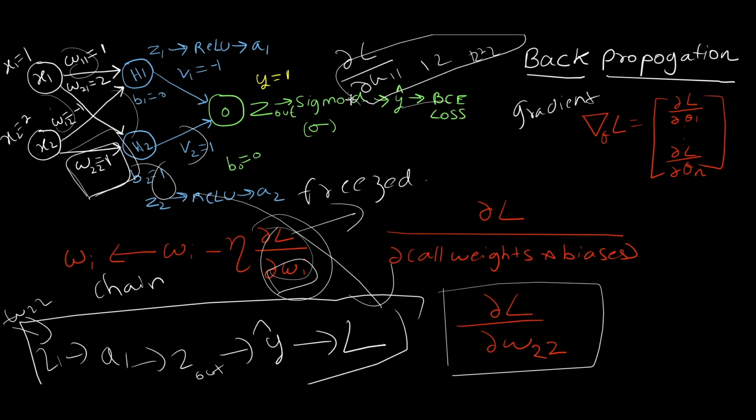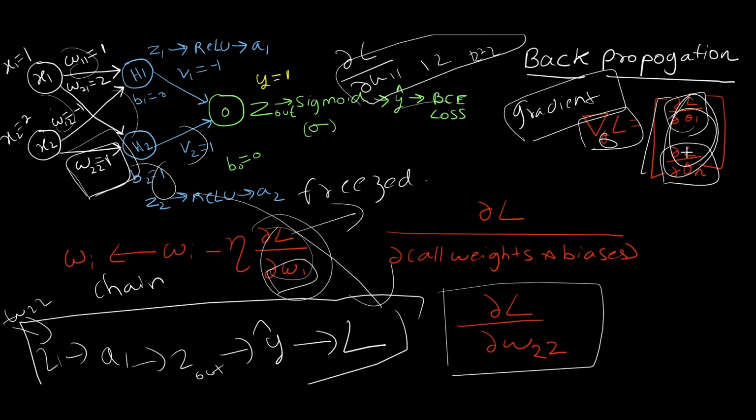This whole set of partial derivatives of the weights and biases, in the form of a vector, is called the gradient. Here theta is the parameters, the weights and biases. We need to calculate all of this in order to update each and every single weight. Technically this whole vector is called the gradient, but for explanation purposes I'm going to call each term the gradient with respect to each parameter.